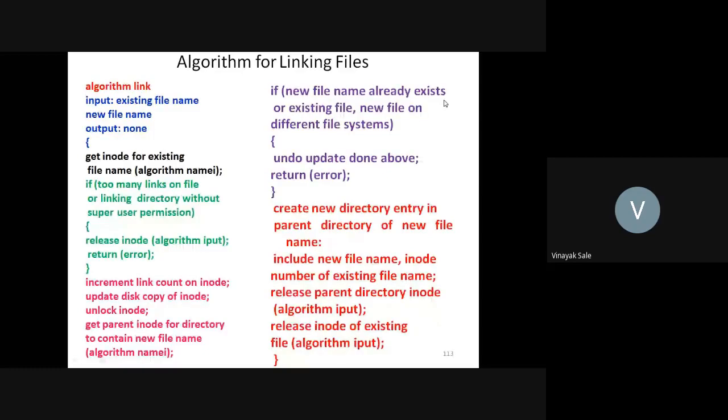If the new file name does not exist, then create a new directory entry in the parent directory of the new file name, including the new file name and the inode number of the existing file name. Release the parent directory inode with the help of the iput algorithm, and release the inode of the existing file name with the help of the iput algorithm. This is the algorithm for linking files.